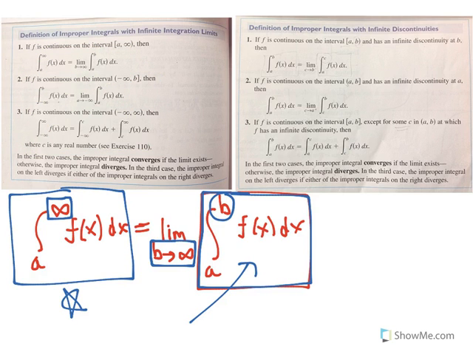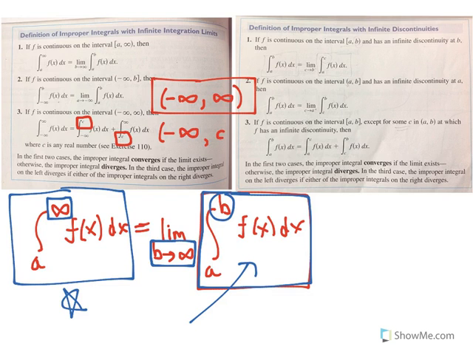You've got the interval from negative infinity to infinity, and if you choose some number, whatever that number may be, here represented by the generic c, you can divide the interval from negative infinity to positive infinity as from negative infinity to c, union from c to infinity.